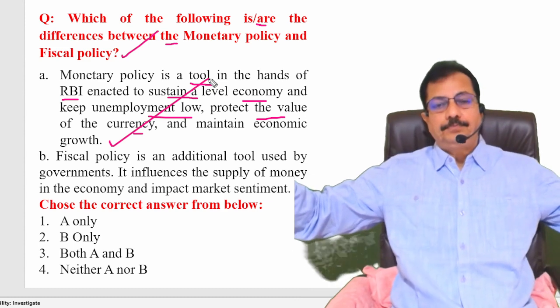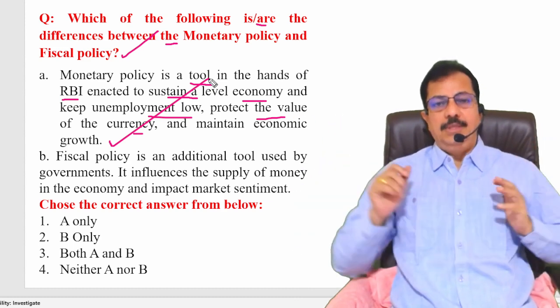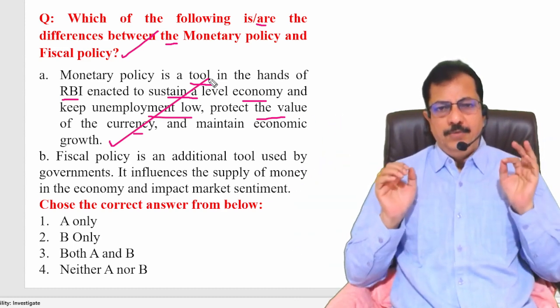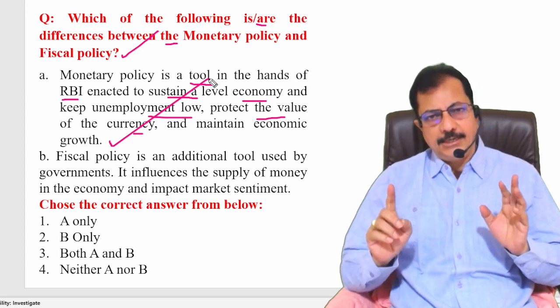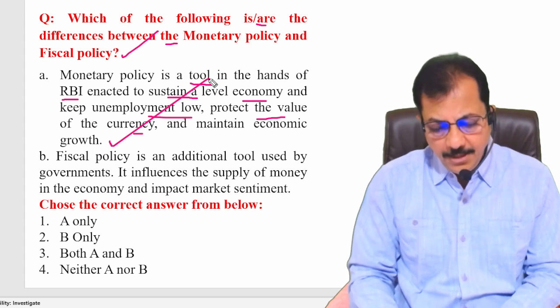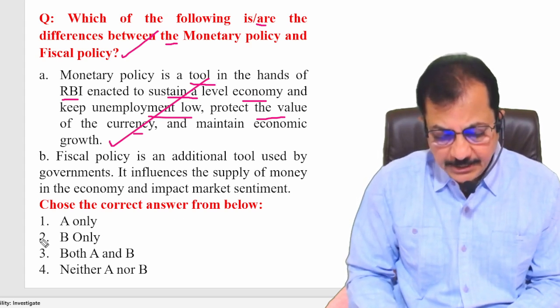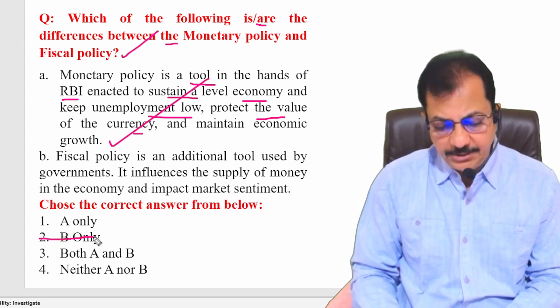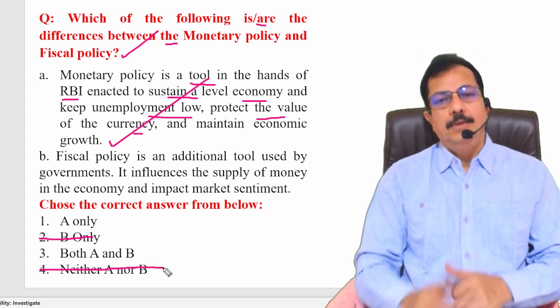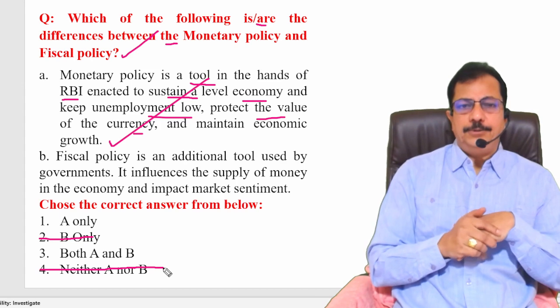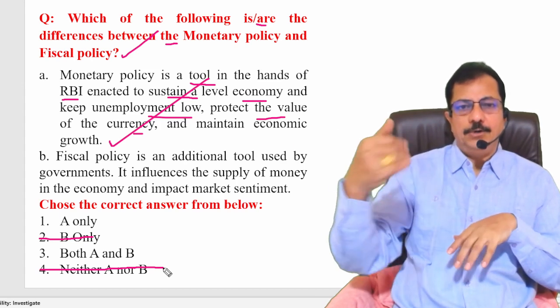Whatever knowledge we have gained so far, we can very confidently say that statement A is 100% correct. Because statement A is correct, 2 should not be my answer and 4 should not be my answer. So we have reduced the options, 50% gone.